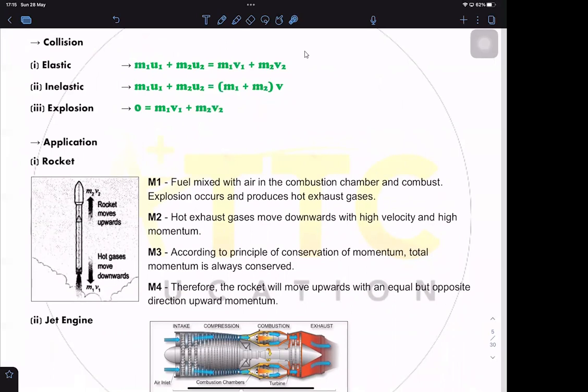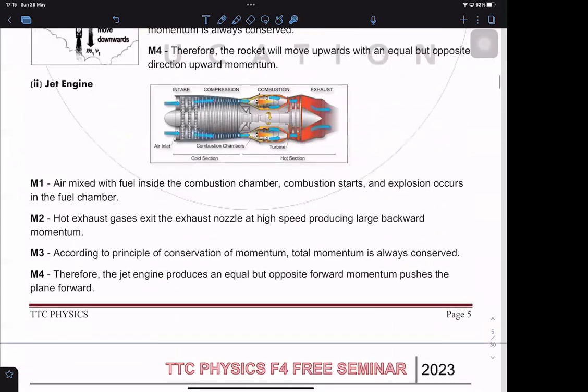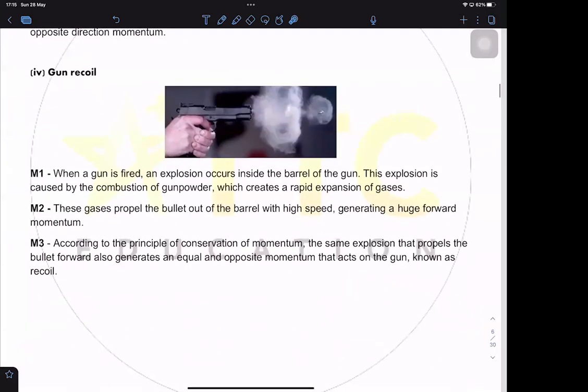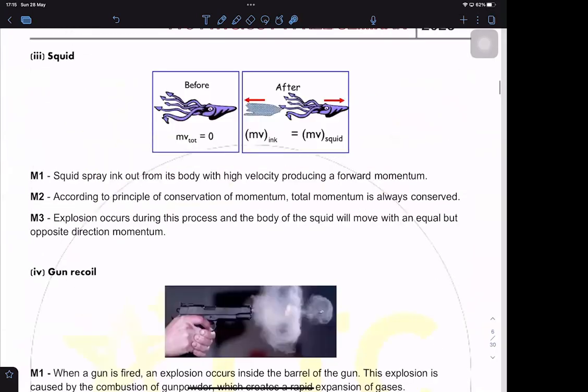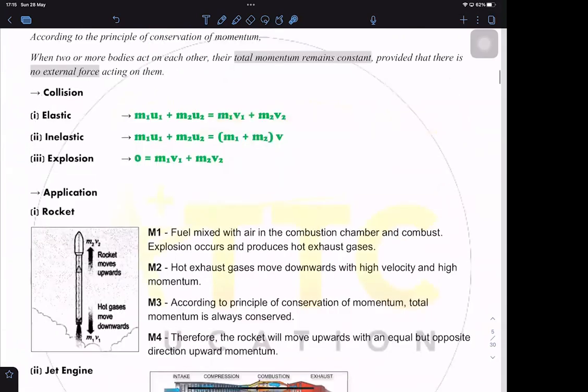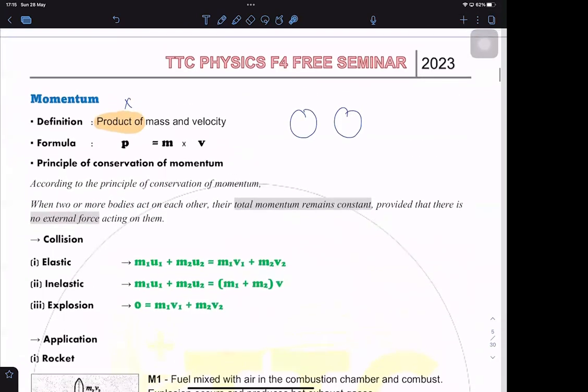When something goes left, something must go right. That is explosion. So boom, always go in opposite direction. So that is when you need to explain how does a squid work, how does a gun shooting a bullet work, how does a jet engine work, how does a rocket work. Okay, but we will cover this later on.